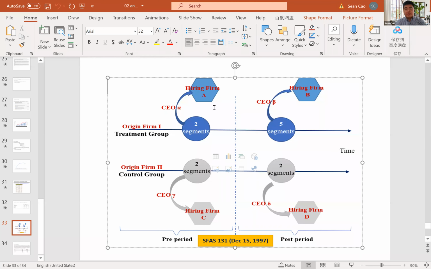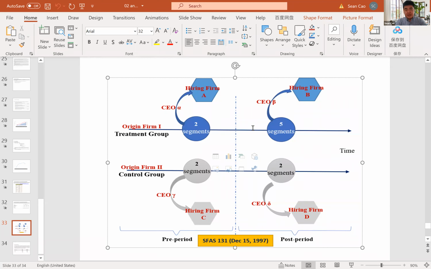and you do the comparison before and post. And you don't need to worry about the controls. Controls are there to control for something else, and I don't want to make things too complicated. You can read the paper to see why we need control firms.